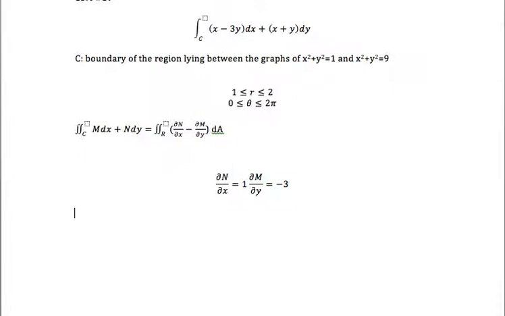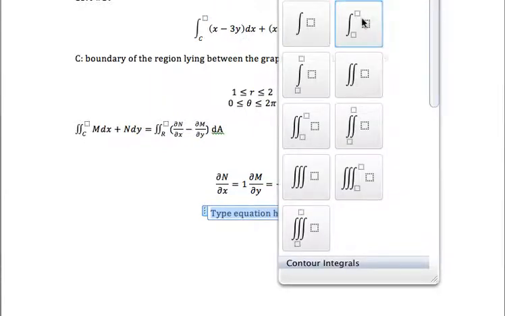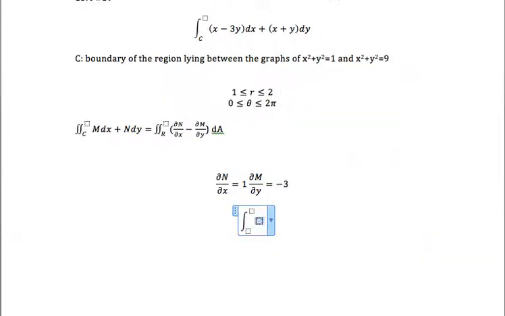So we are taking a double integral. We're going to do theta on the outside and then r on the inside. So it's going to be from 0 to 2 pi, and this is going to be from 1, oh, that should be a 3, I'm sorry, to 3.